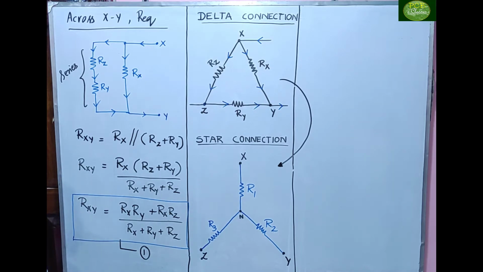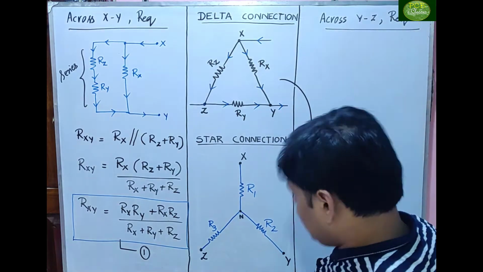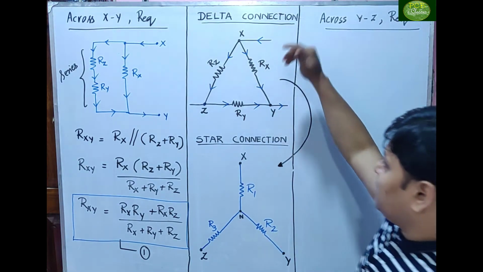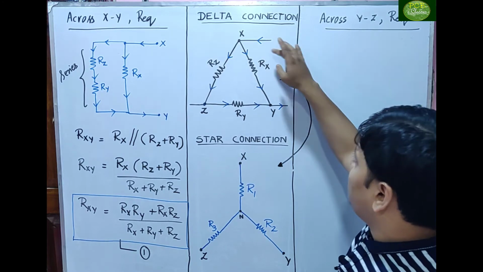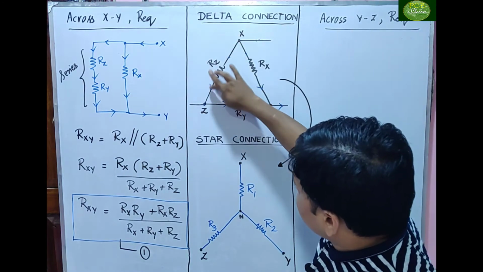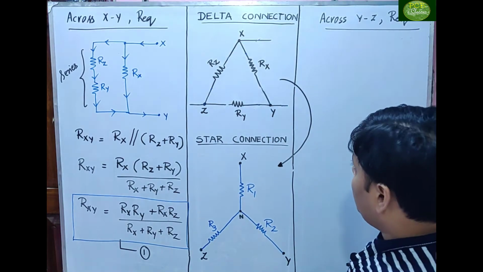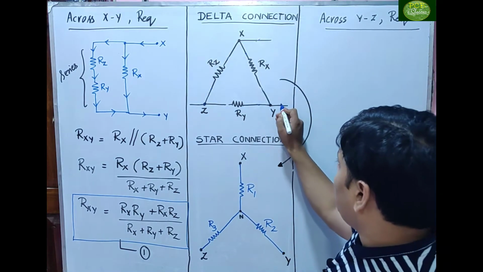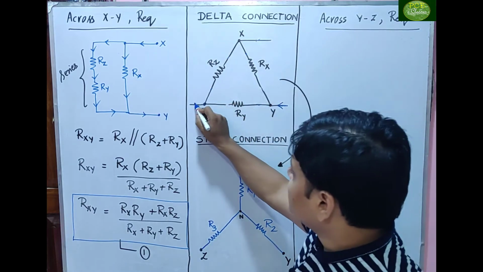Similarly, what I will do, I will find out. So what is the changes in the diagram I will be doing? What are the changes for the YZ I will be doing? In Y, the current is entering and from Z it is coming out.